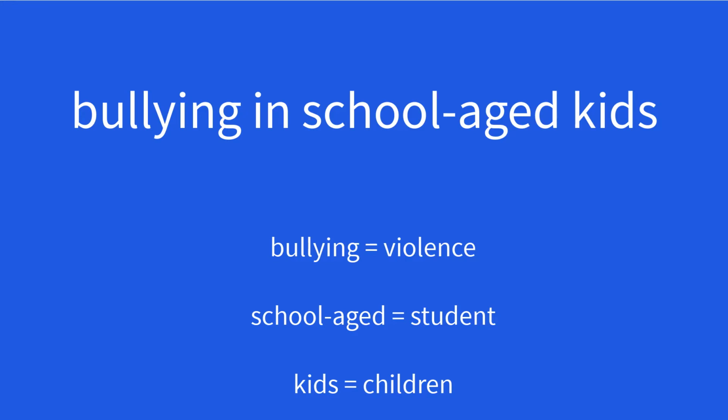So, a researcher writing about my topic might use the word bullying, but they might also use the word violence, so I'll add that to my list. Some synonyms for school-aged kids might also be students or children, so I'll write those down too.